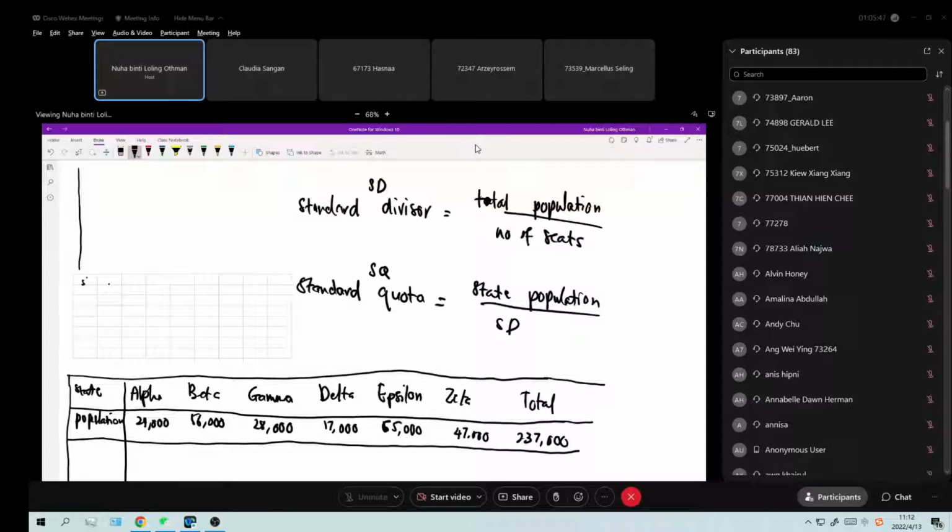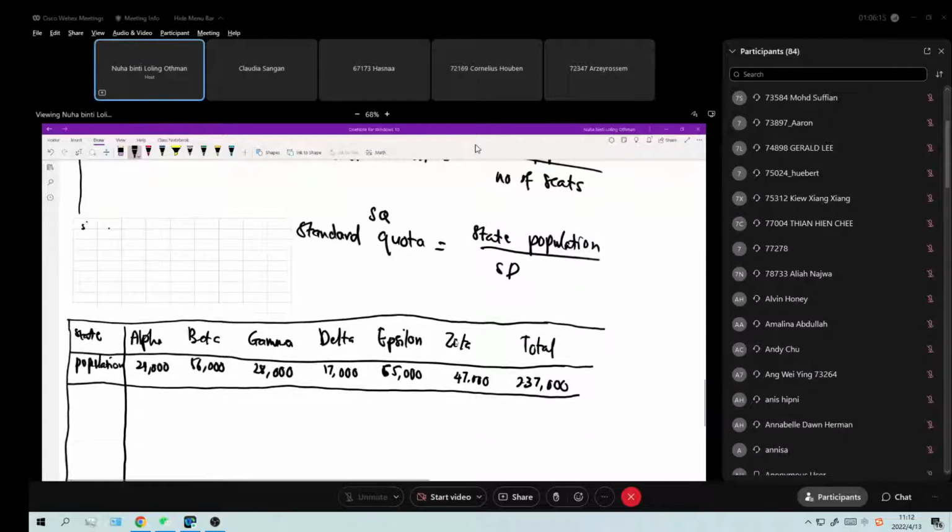The first step that you need to know in apportionment is the SD and then the SQ, or standard quota. Later you will play around with this quota. This is where I think most of you don't like it, including me, because we need to guess this modified quota.